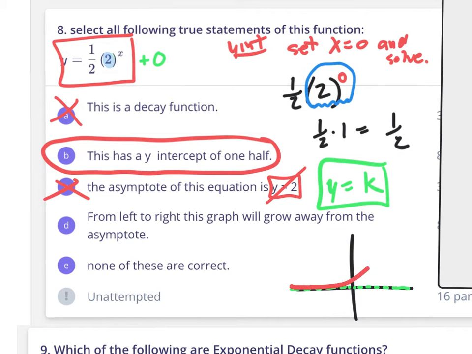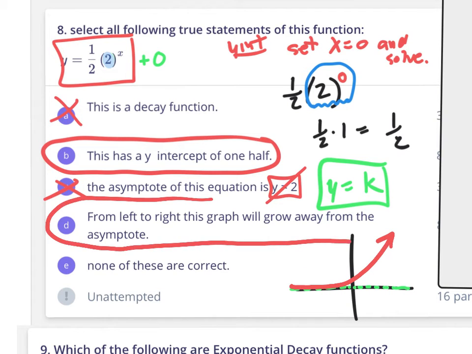Then all of a sudden, it's going to grow away from the asymptote. And that's exactly what this one's saying. From left to right, this graph will grow away from the asymptote. And why is that? Because the base is 2, which is greater than 1. So if it's greater than 1, it'll grow away from the asymptote. If it's less than 1, it'll grow towards the asymptote. And of course, none of these are correct. That's not an option because we already saw 2 of them that were correct.